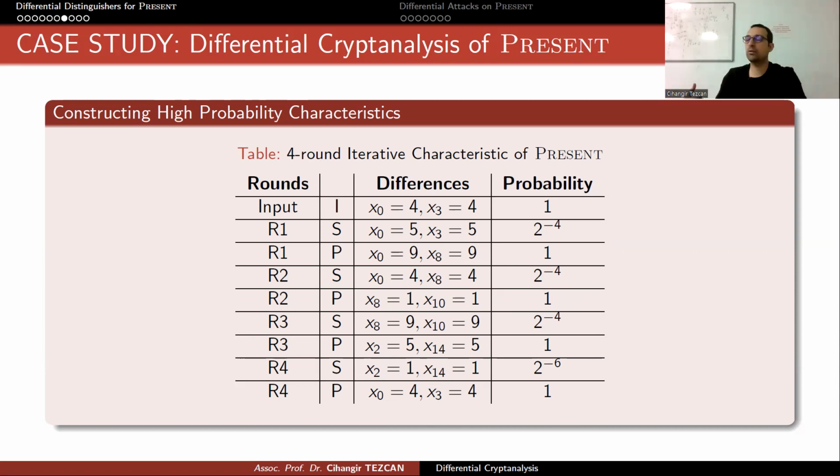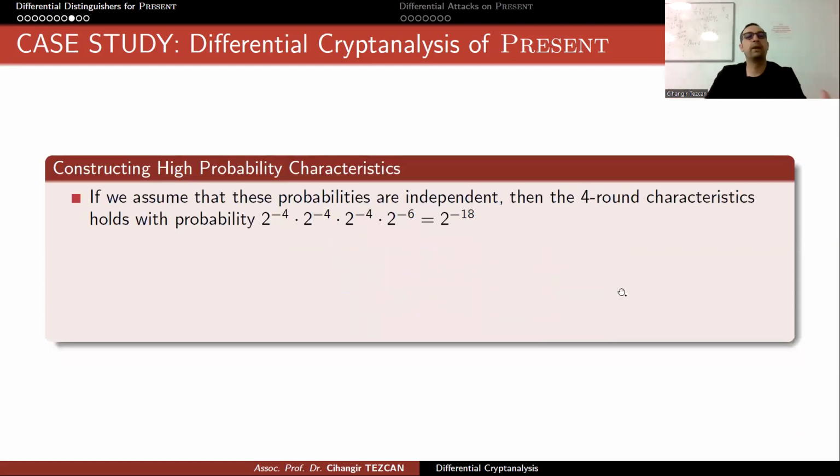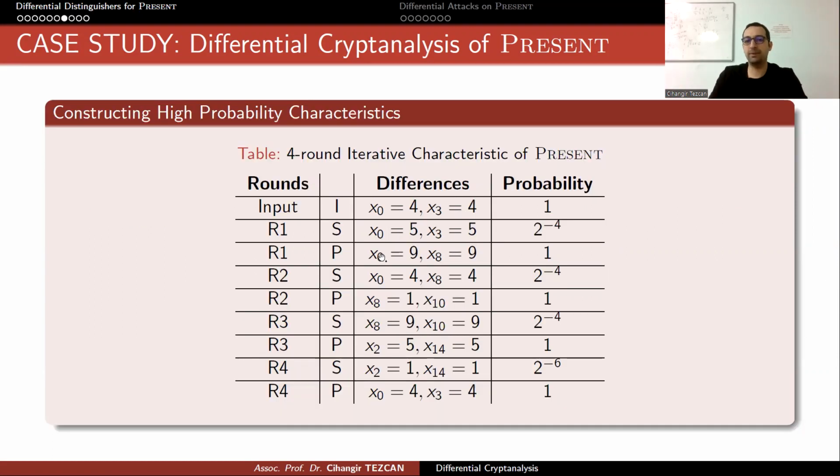But of course, you cannot go forever, because at some point the probability will be smaller than 2 to the minus 64, and 64 here is the block size, so it wouldn't make sense. If we assume that these probabilities are independent, but actually they are not, by the way. For independent round probabilities, this is correct.